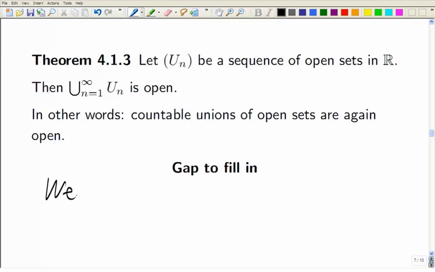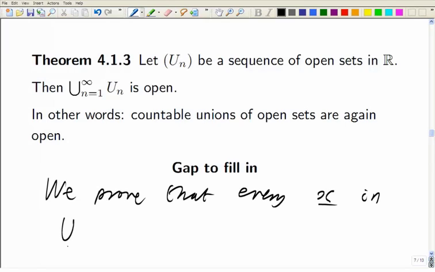So we have to prove, again, that every x in the union is in the interior of the union.